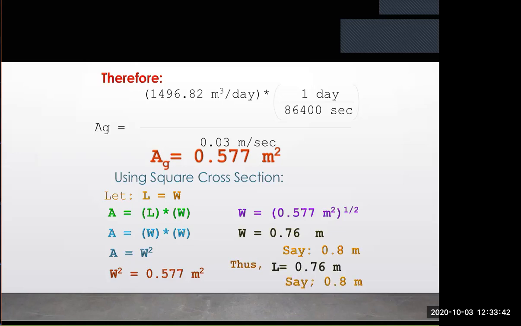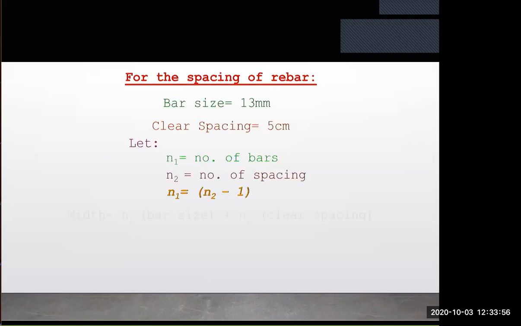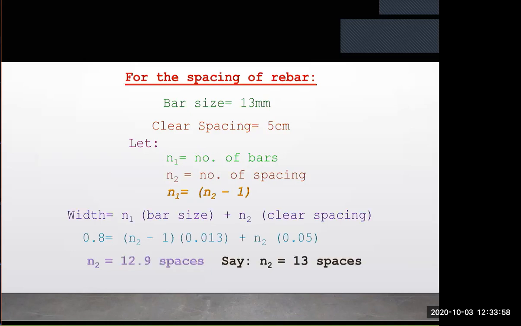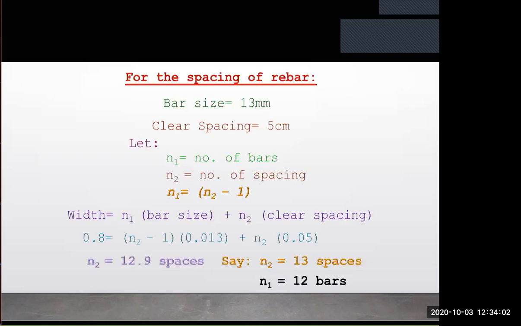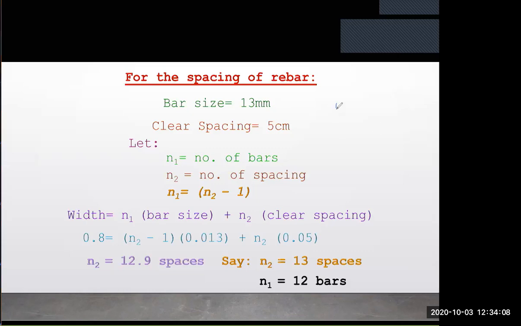Okay, so there, it just summarized the dimension of your grit chamber should be 0.8 by 0.8. Okay, so you know that it is now 0.8 by 0.8.